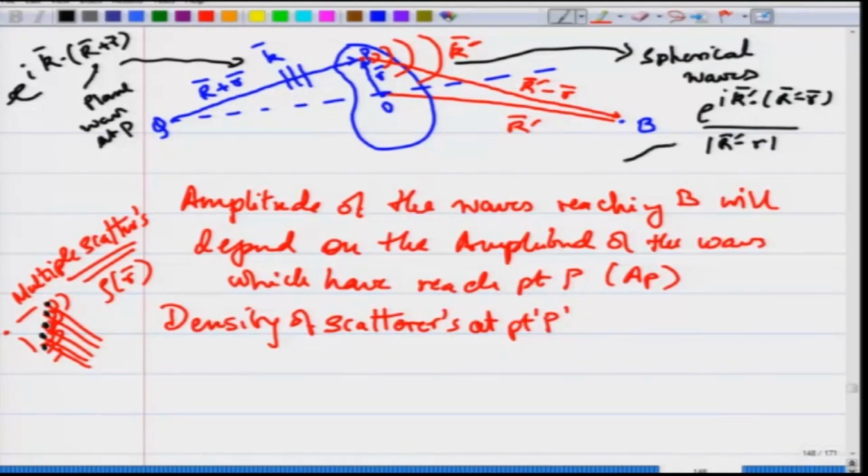They have the form e raised to i k r divided by the magnitude of r. These are spherical waves.